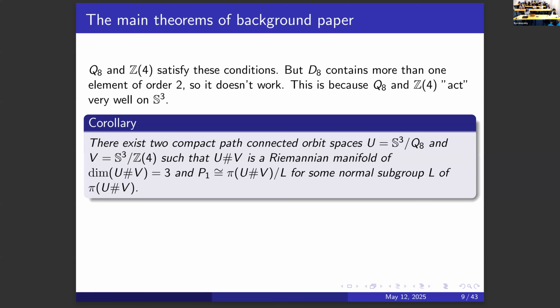So in fact, a corollary of that previous theorem just says that you can have these two compact path-connected orbit spaces, U, which is S3 modulo Q8, so it's the orbit space of S3 under the action of Q8, and V, which is S3 under the action of Z4, and U # V is the connected sum.